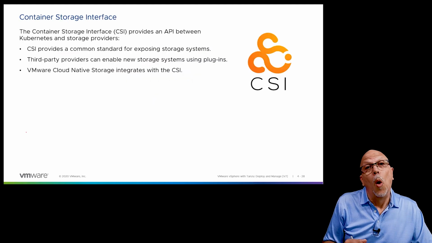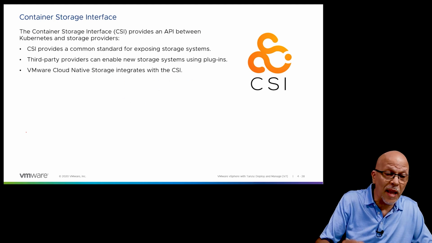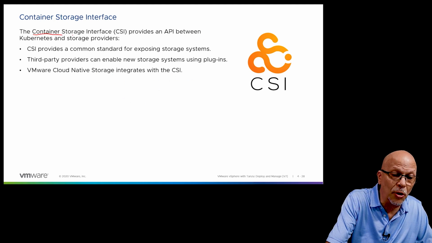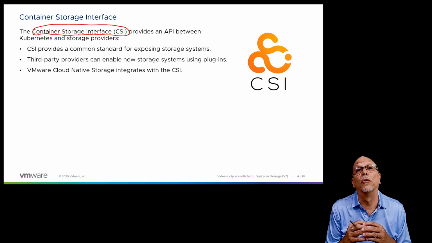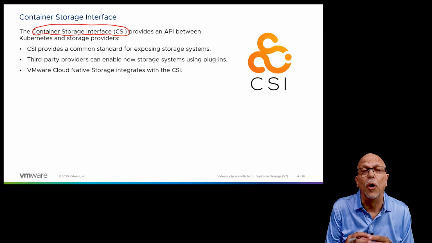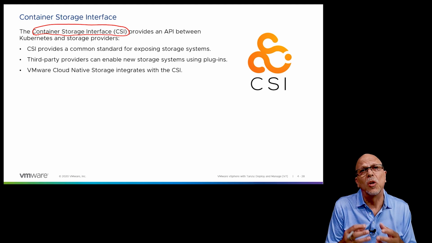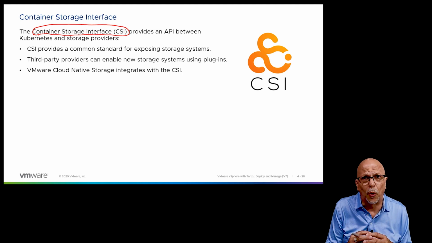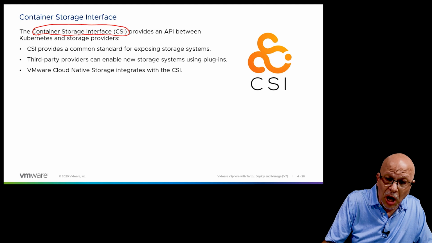So what Kubernetes has done for storage is they've created a thing called the Container Storage Interface. That's the plugin architecture that a third-party vendor would need to program to, that series of APIs, to be able to implement their storage platform into Kubernetes. VMware has done that.